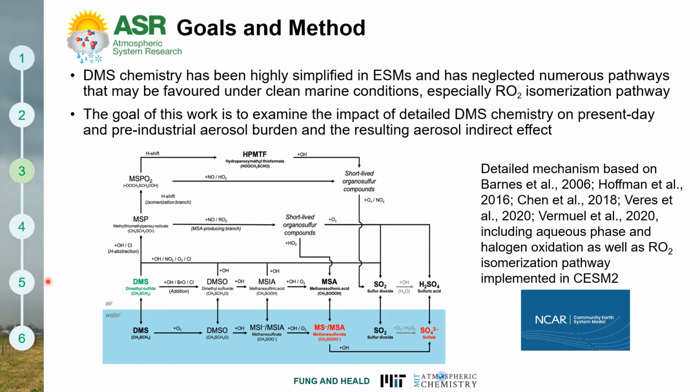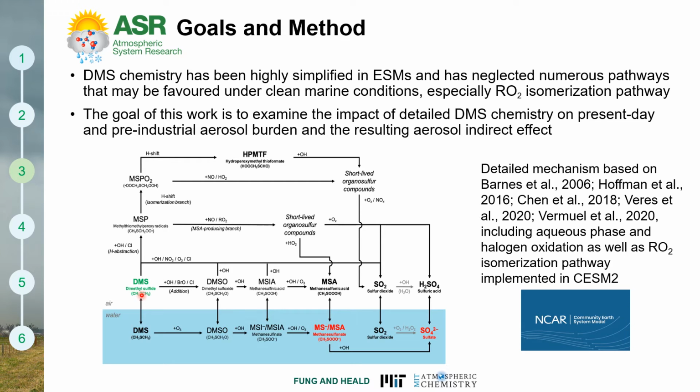So for this work, Cumming implemented this scheme into the CESM model, and this figure here summarizes what Cumming implemented. It's all based off of this series of references here, starting with this DMS here in green. So we have a number of different pathways in the gas phase.